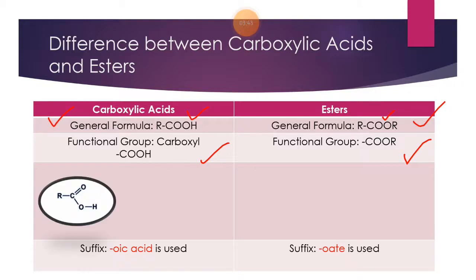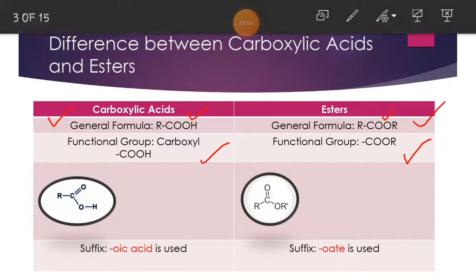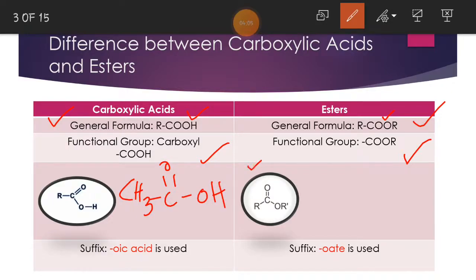Carboxylic acids are generally represented like this and the esters are represented like this. For example, if this R is methyl, then the structure for this compound will be drawn like this. And similarly, for the esters, these two alkyl groups may be the same or different.